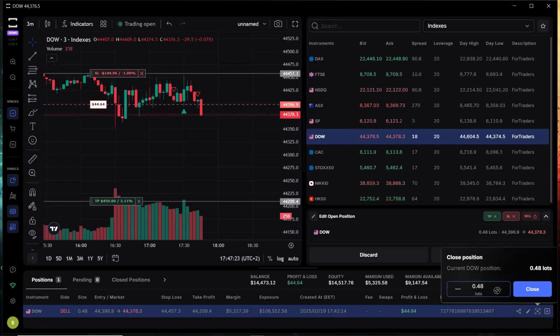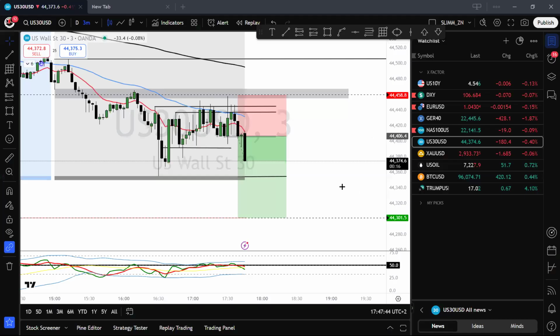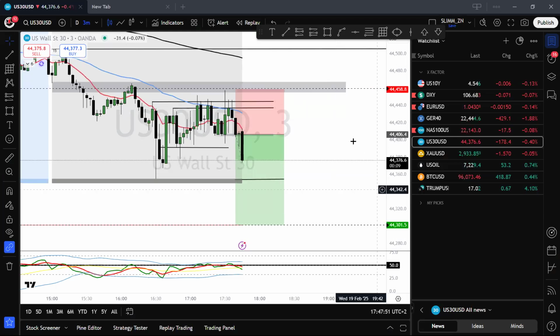So if I'm closing half the trade, I'm going to partially close 0.24. Then I'm going to close the partial running trade. That's how it's done. But at this point, I'm not closing anything, so I'm not going to click close, but I'll just leave it here just in case we need to do it. So yeah, this is the running trade. Let's see how it goes.